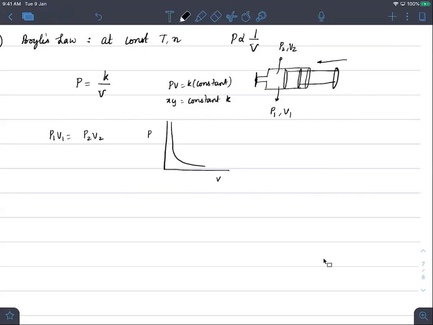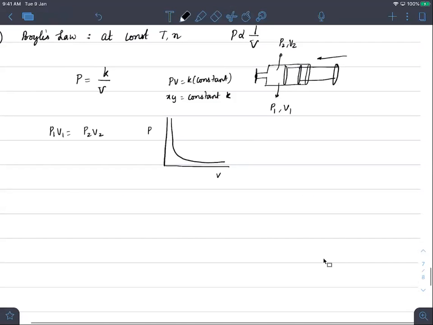You may not know it, but learn from now onwards that the xy is equal to some constant graph will look like this, and this is called a rectangular hyperbola. This is the pressure versus volume graph at constant temperature and number of moles.